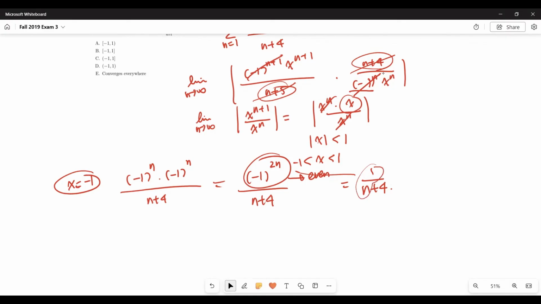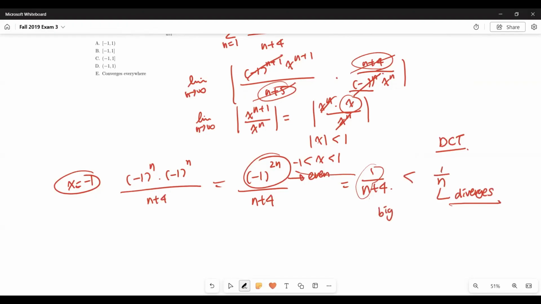We can use the direct comparison test, comparing 1 over n plus 4 with 1 over n. By the p-series test, p is 1 in our case, so 1 over n diverges. Actually, that's the bigger one diverging, sorry.